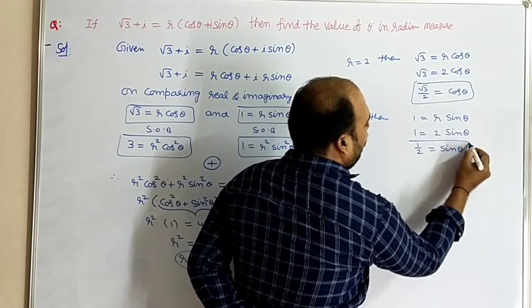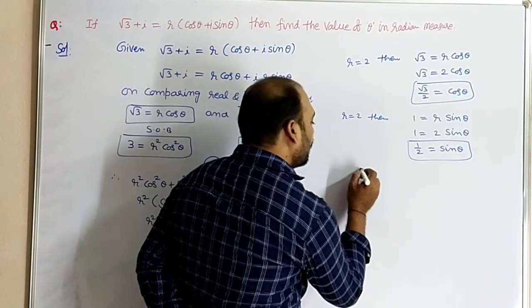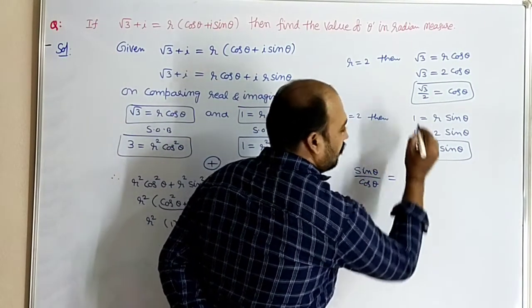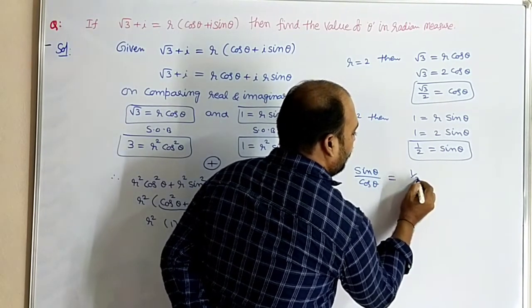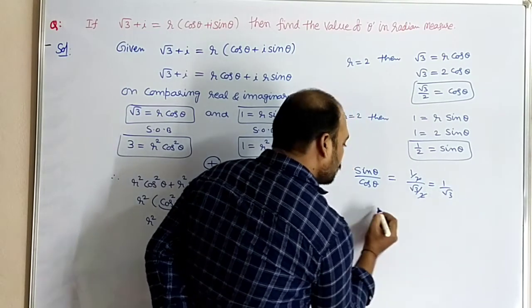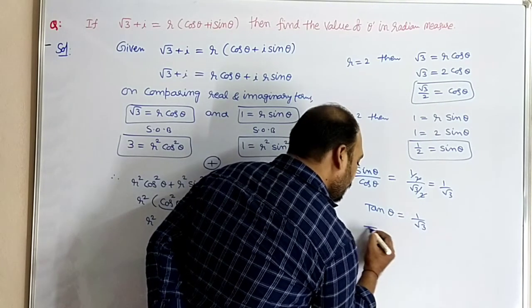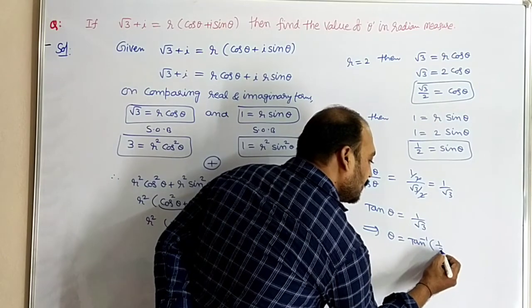Sin theta is 1 by 2 and cos theta is root 3 by 2, so better to do like this. Sin theta by cos theta is equal to 1 by 2 divided by root 3 by 2. So tan theta is equal to 1 by root 3. That implies theta equal to tan inverse of 1 by root 3.